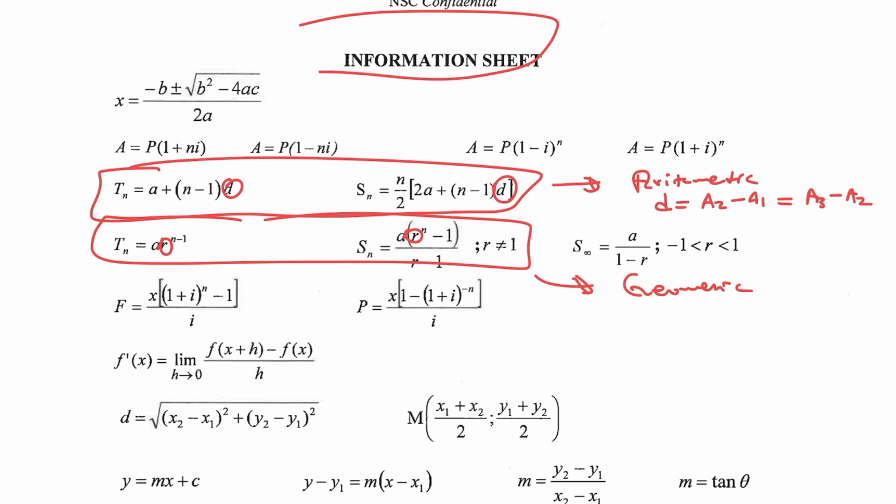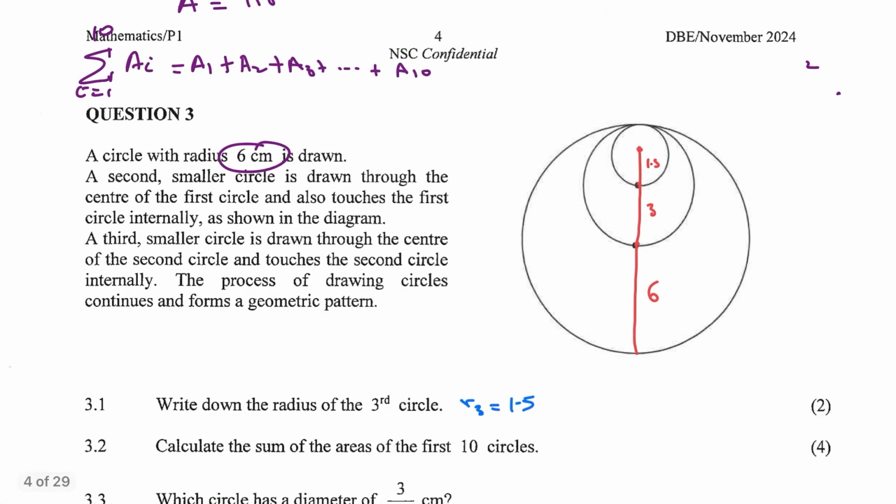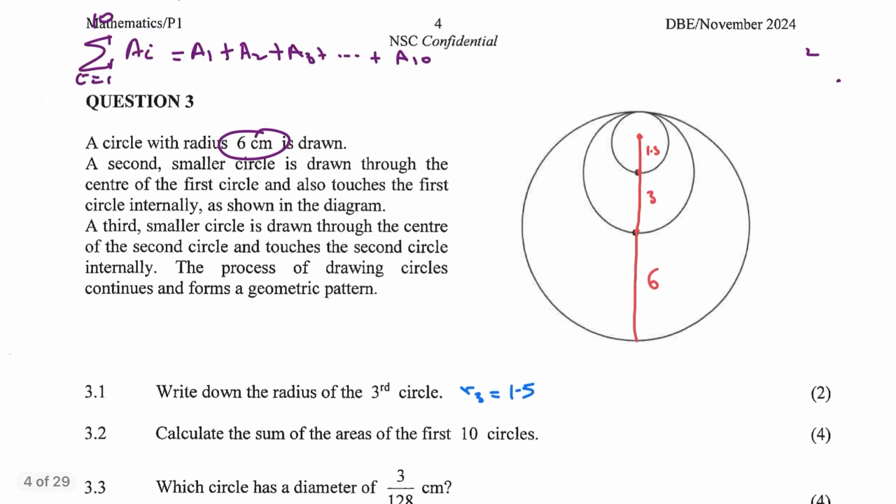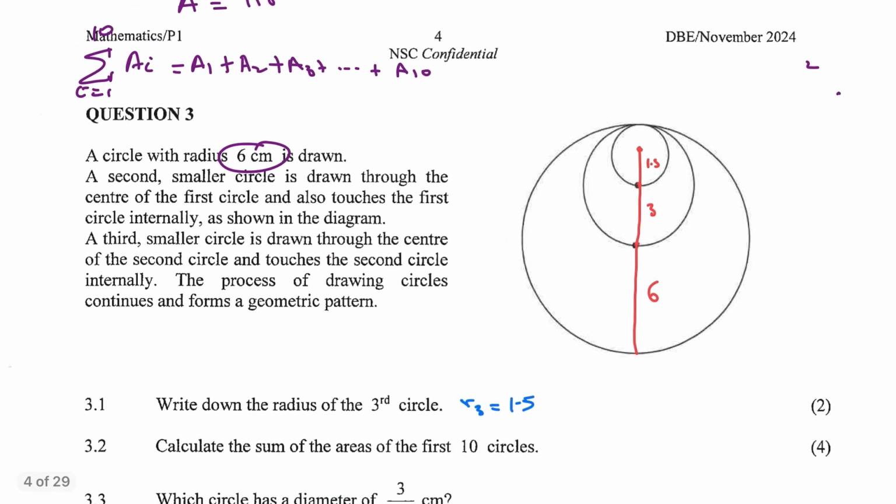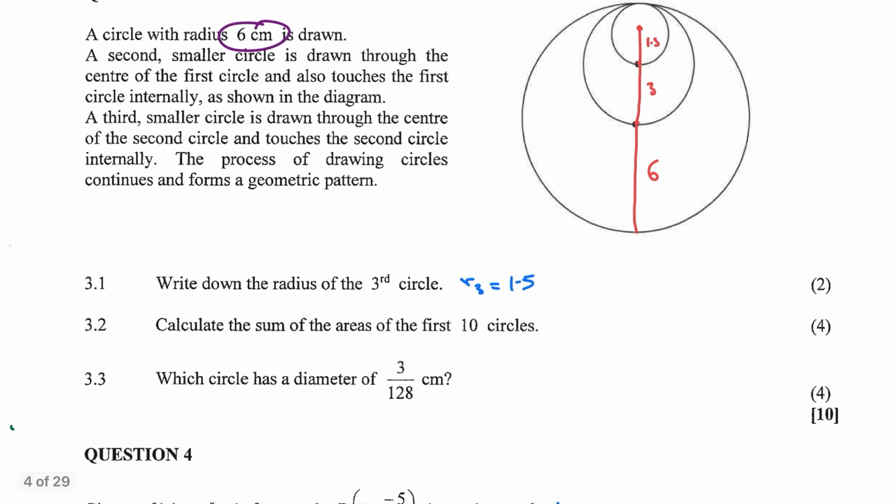For r, it will be the second term over the first term, which should always be equal to the third term over the second term. That's how you determine if a sequence is arithmetic or geometric, right? So in this case, we need to do that first and then do our calculations, okay?